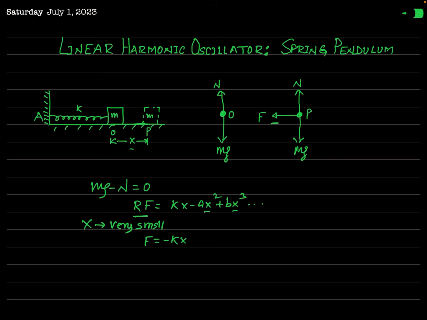Why have I written this minus sign? Since this force is of restoring nature and it always tends to decrease the value of x, indicating this sense of the restoring force I have put the minus sign.